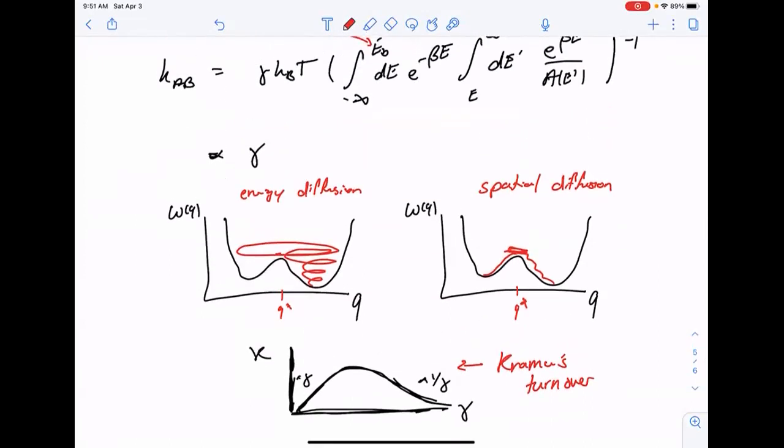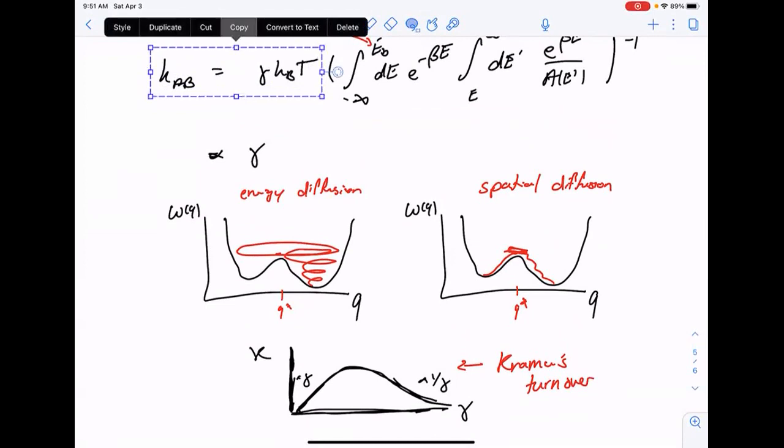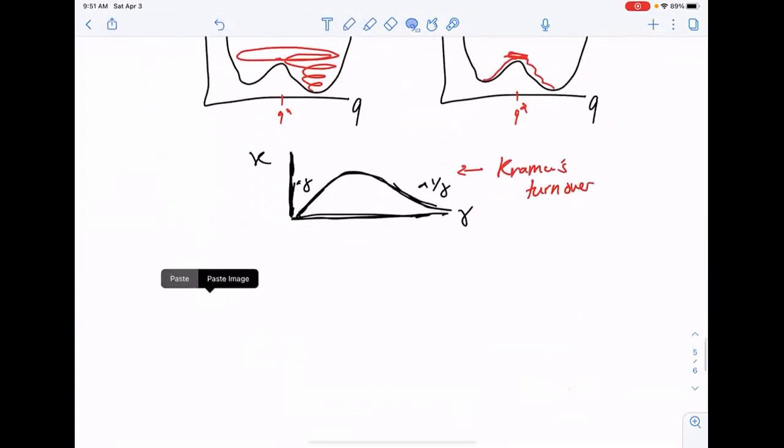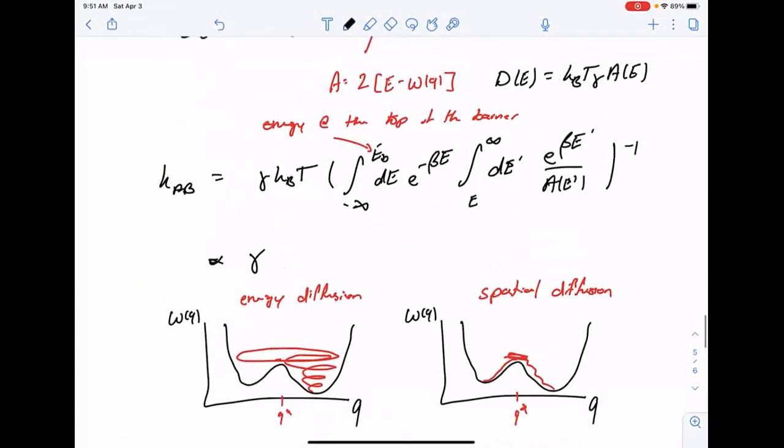So for completeness, let's quote the result for Kramers theory in this energy diffusion limit. In the limit that the barrier height is very high, those integrals can be simplified.